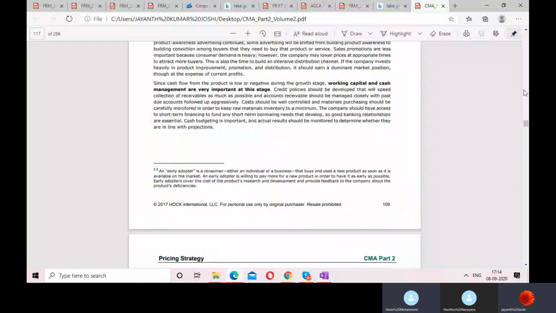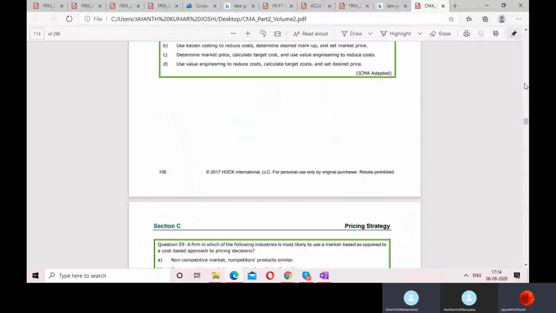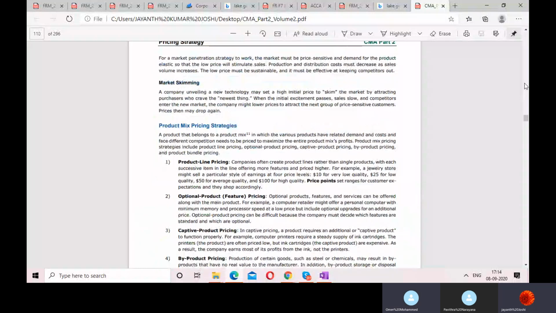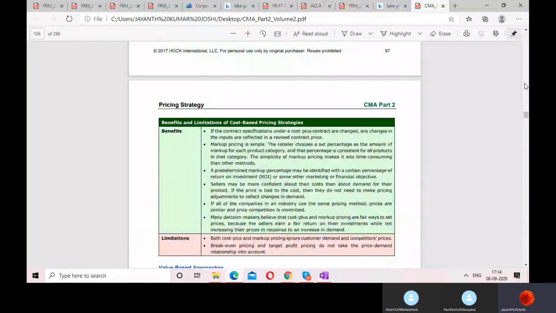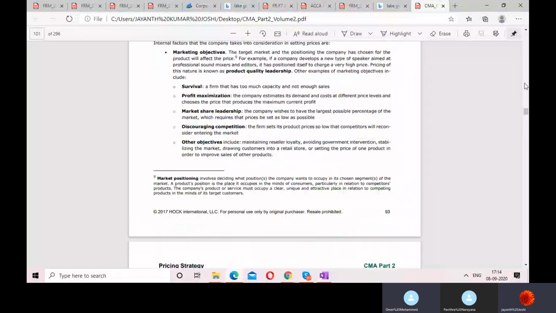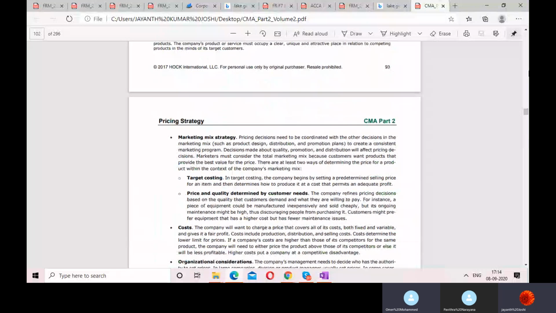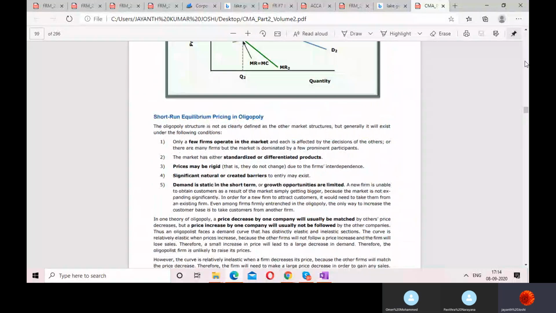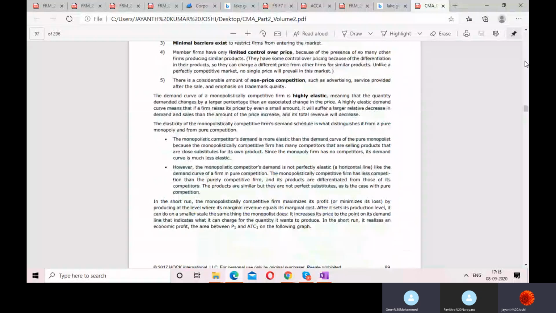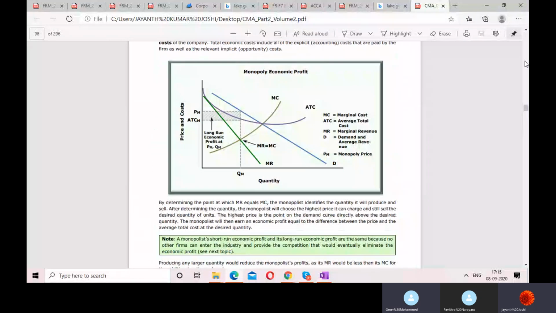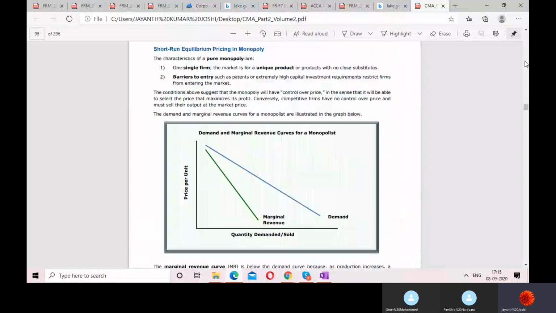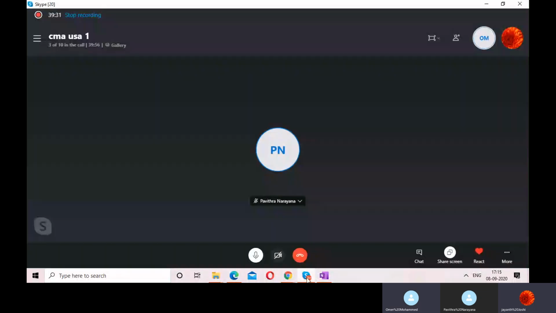If I teach monopolistic and oligopoly tomorrow, it will be done, a 20-minute session. So 93 to 115 is just 20 pages. So next session, whatever I'm taking, I'll be finishing, max 2 classes done. No more extending this. Okay.